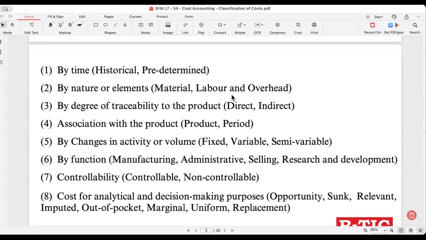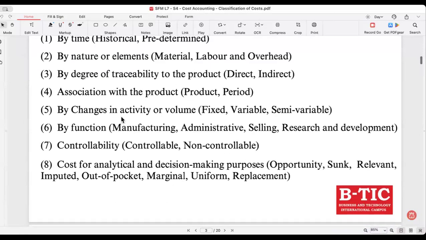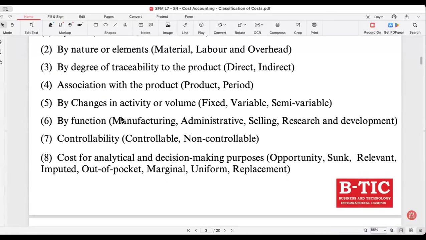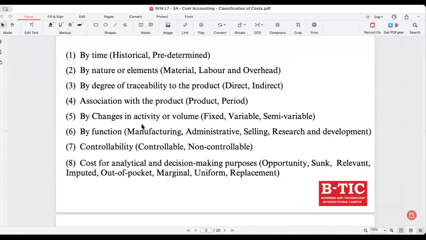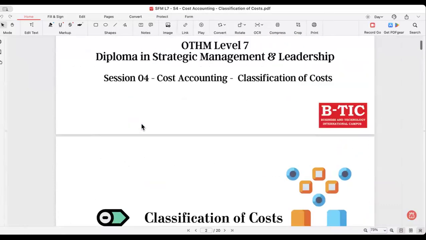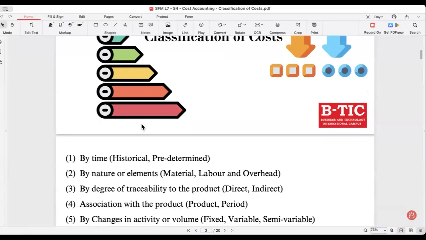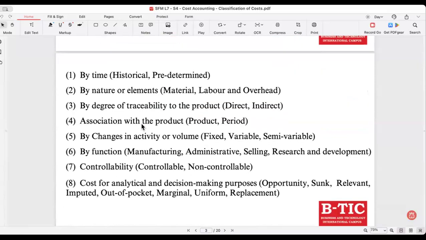By degree of traceability to the product, association with the product, by changes in activity or volume, by function, controllability, cost for analytical and decision-making purposes. You know there are more categories, but these are the most important categories, and we're going to have a discussion on that today.